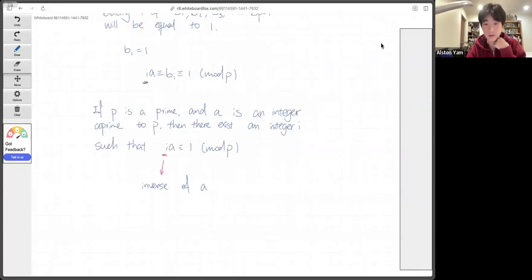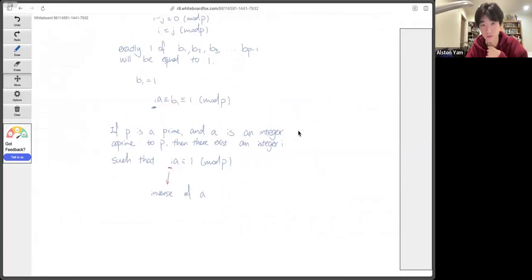So an inverse will always exist when we are taking under mod P, and our A is an integer that is coprime to P. We can actually extend P to any n, given that A will satisfy some conditions. I think we are approaching the end hour of our lecture.